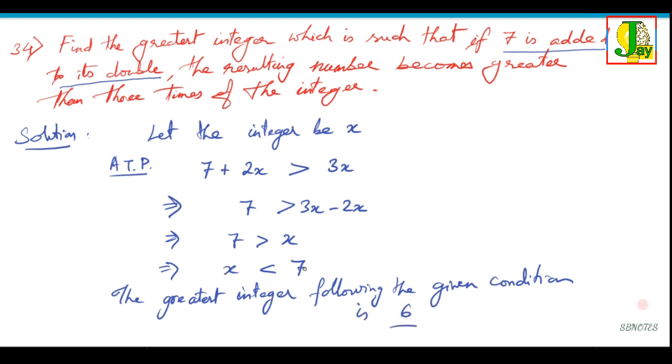So the greatest integer less than 7 is 6. Our solution set is all the integers that are less than 7, and which is the greatest among them? That's 6.